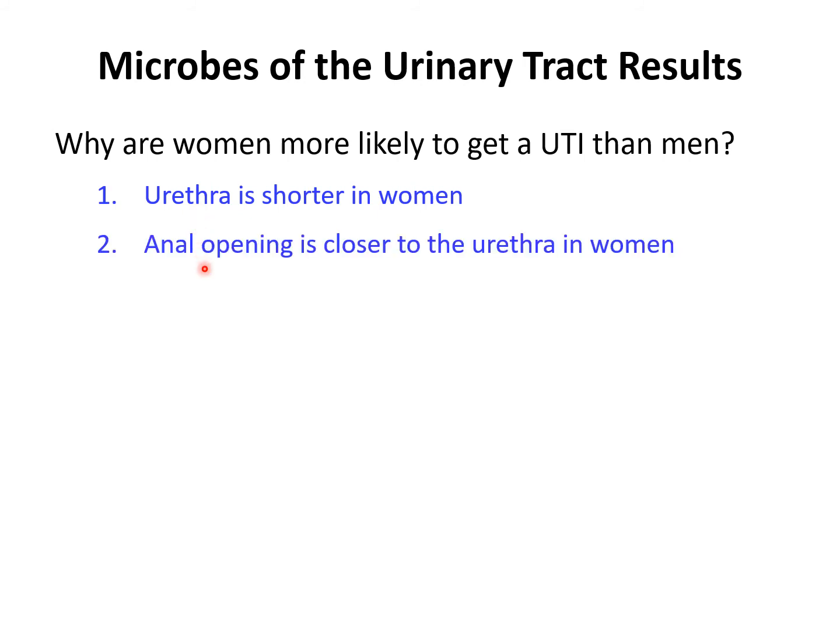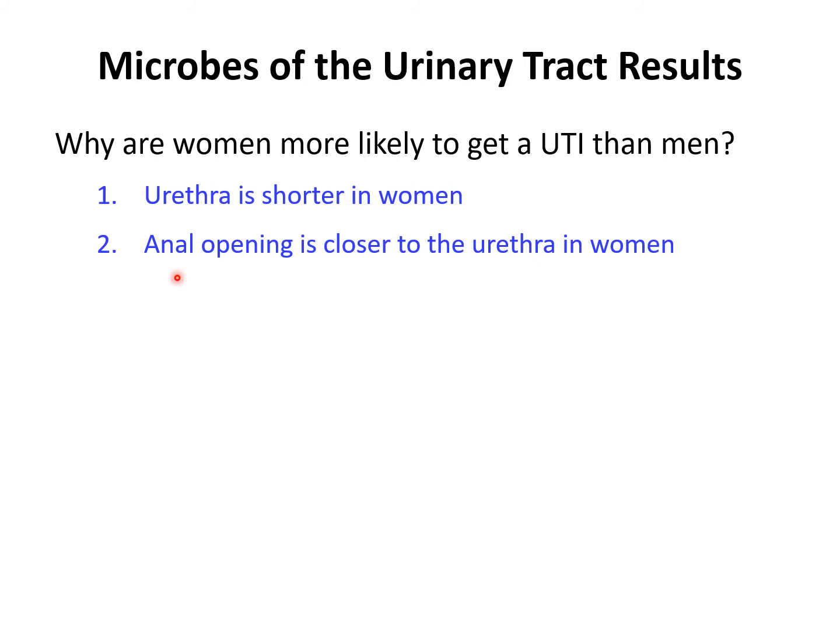Number two, the anal opening is also closer to the urethra in women compared to men. So if a woman wipes from back to front, if you think about it, the anus is where the fecal matter comes out, and feces does have bacteria, including E. coli.